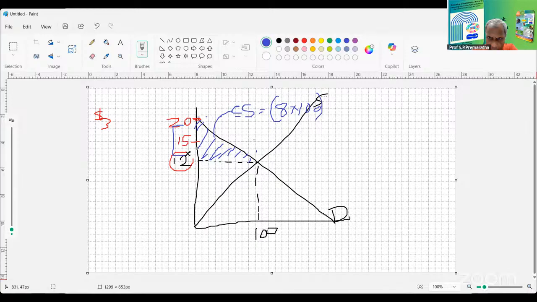The answer we get is 400, $400. So the total consumer surplus in that case is $400.